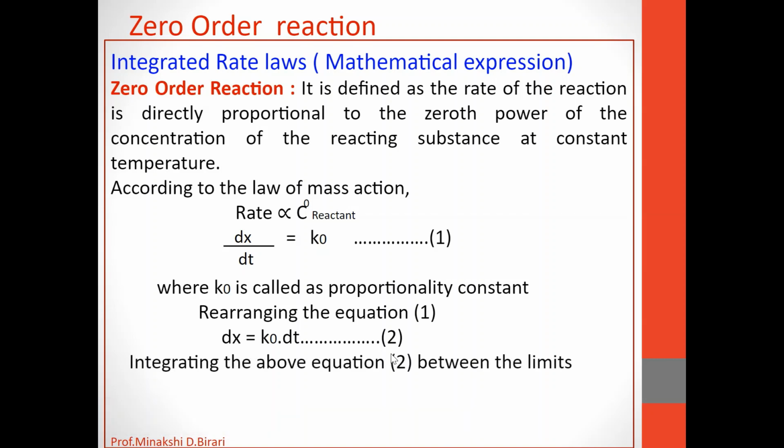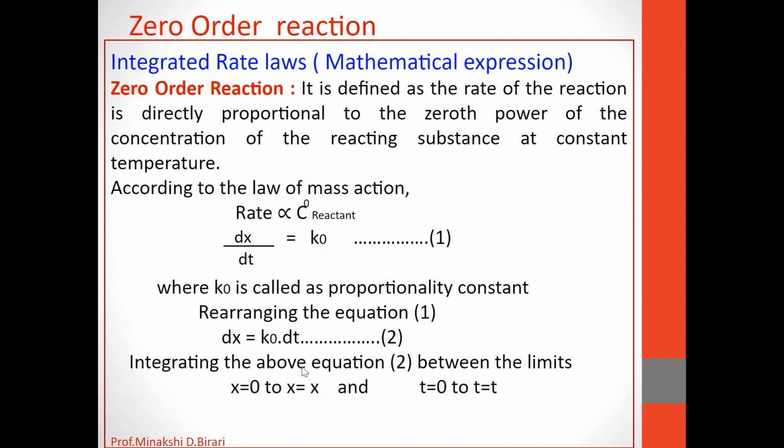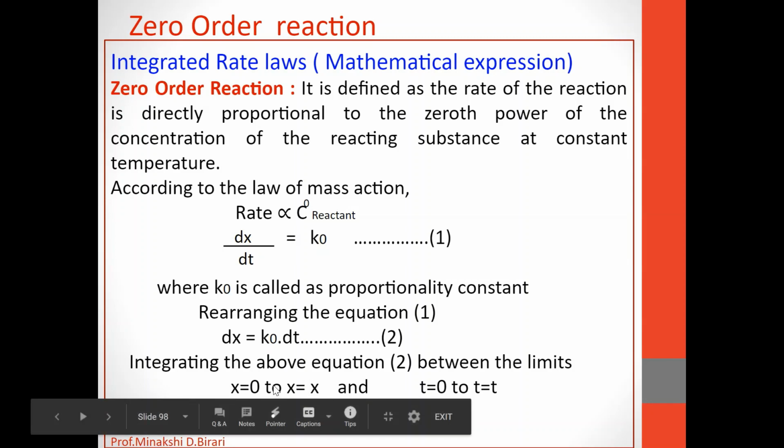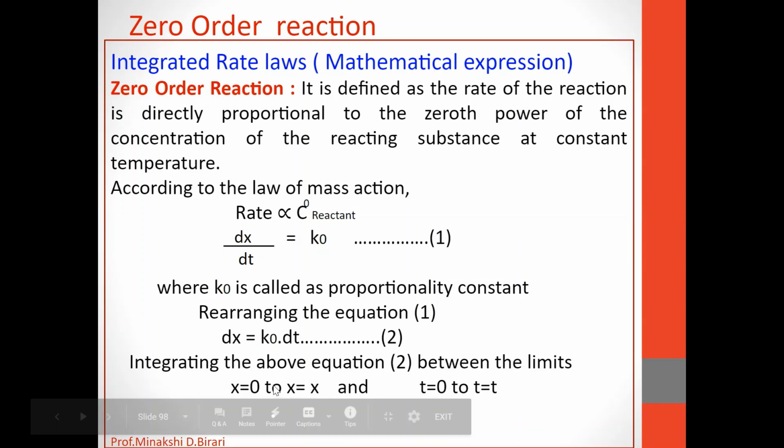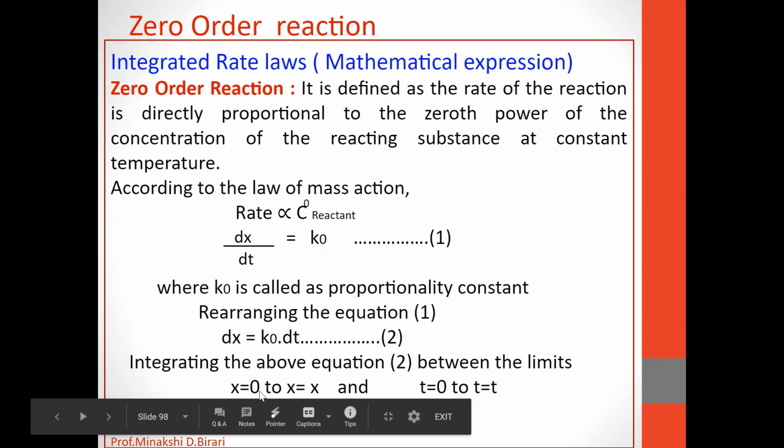Then integrating the above equation between the proper limits, we take x equal to 0 to x equal to x, and t equal to 0 to t equal to t. That means lower limit and upper limit.